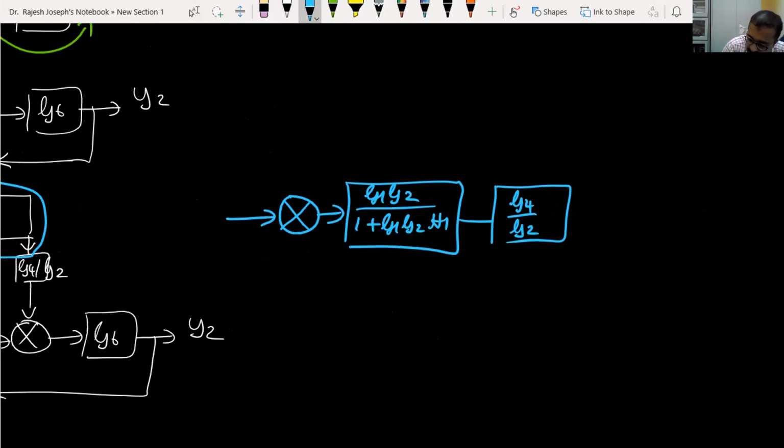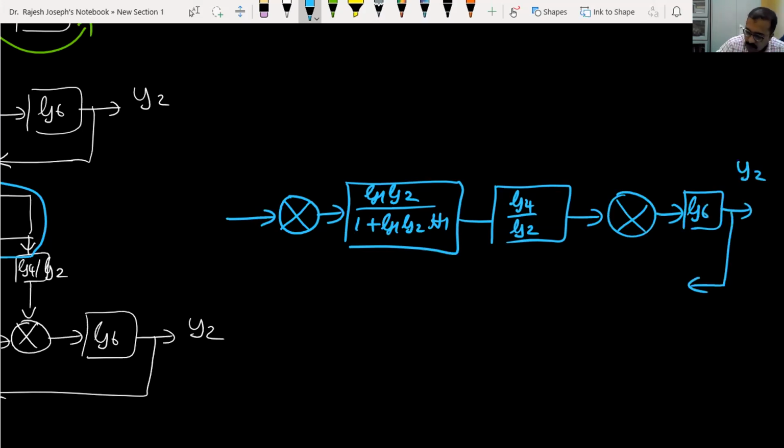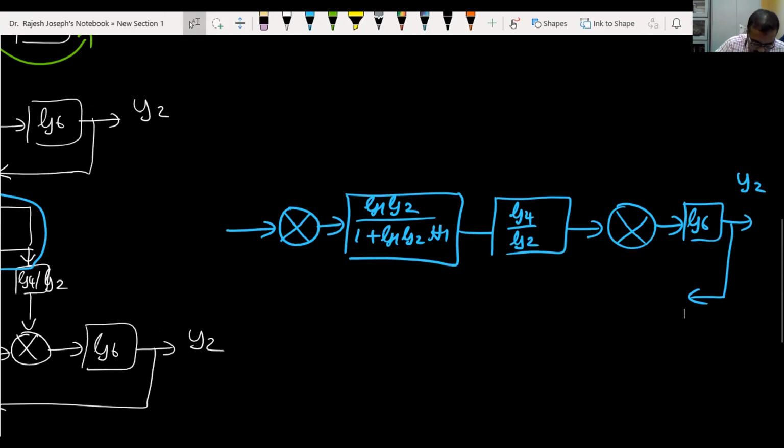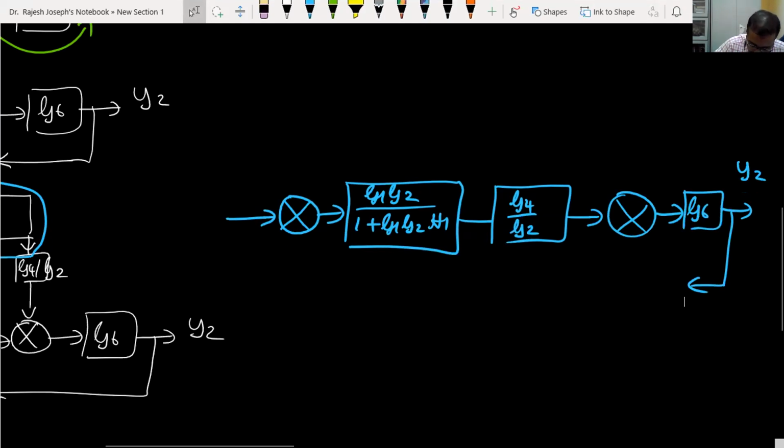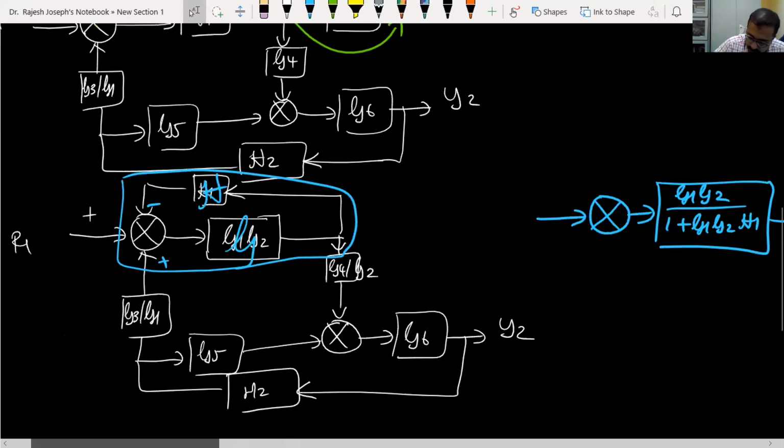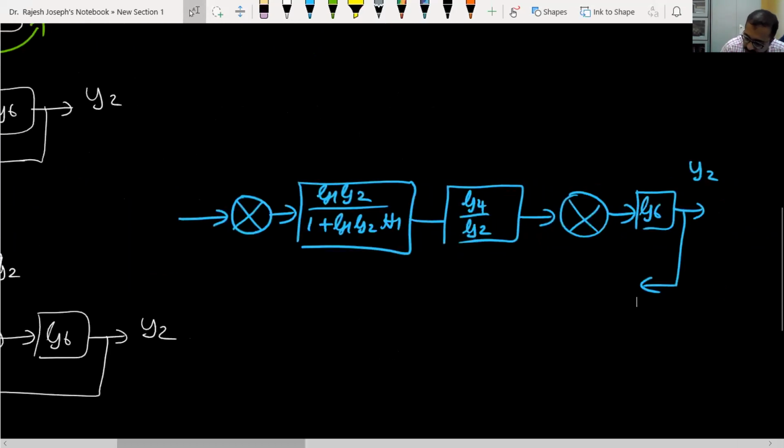This is going to the summing point. From the summing point, we have G6, whose output is Y2. And from there, we have a block at a gain of H2.